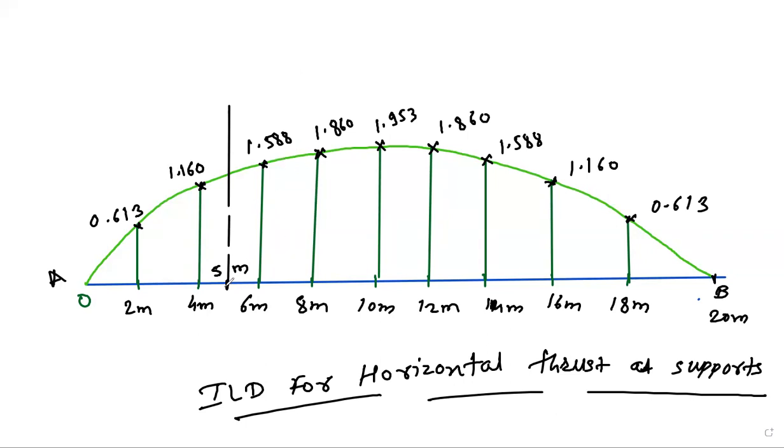So at 5 meter, how much? By interpolation, you can give me the value. This is at point D, that is at 5 meter. ILD for horizontal thrust.